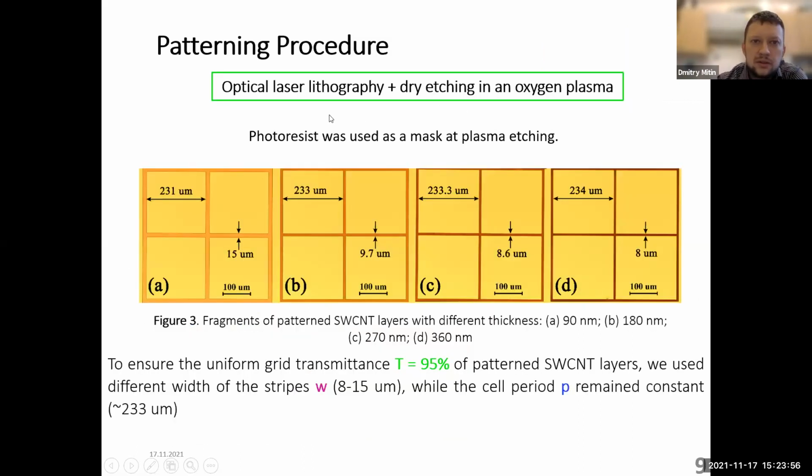We used a combination of optical laser lithography and dry etching in oxygen plasma to form grids. We got grids with different widths of the stripes, to ensure uniform transmittance.